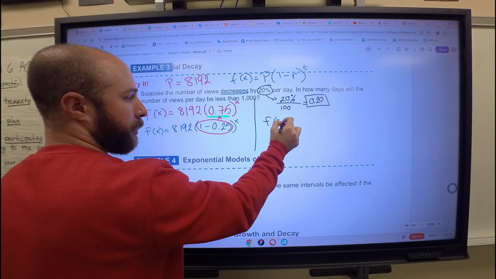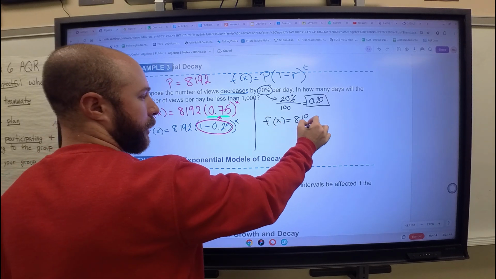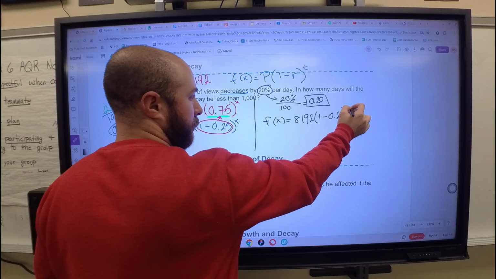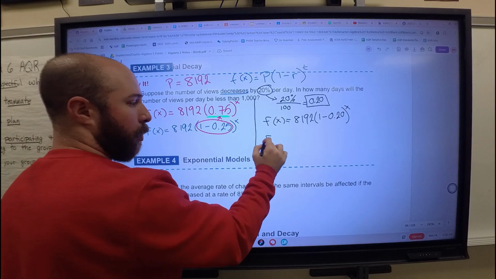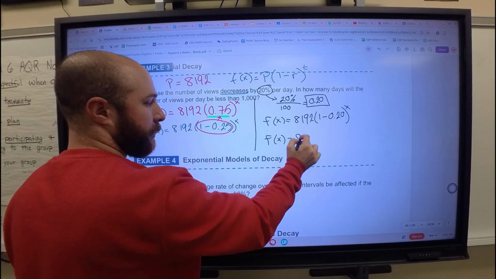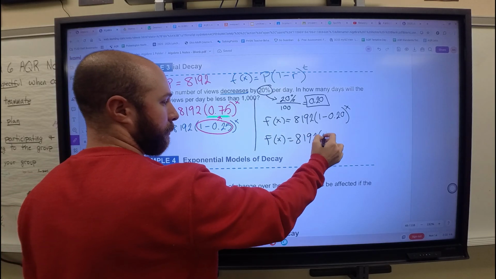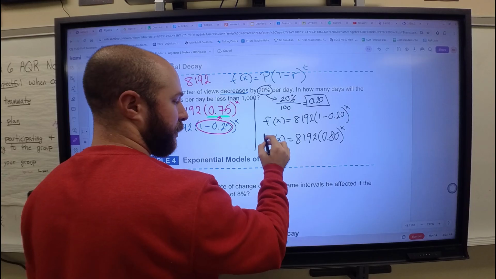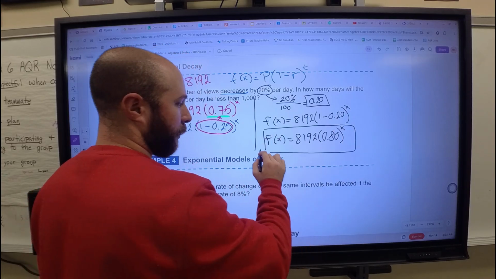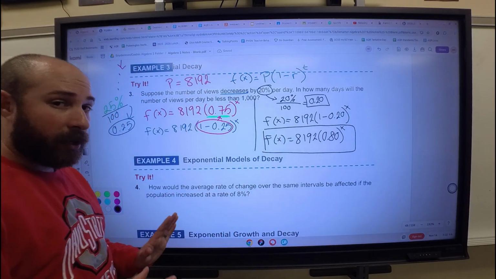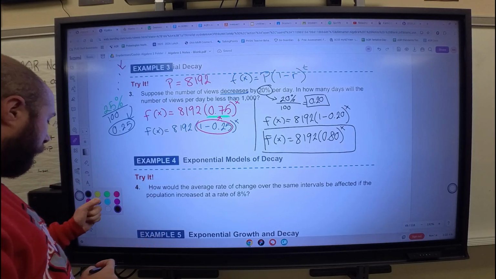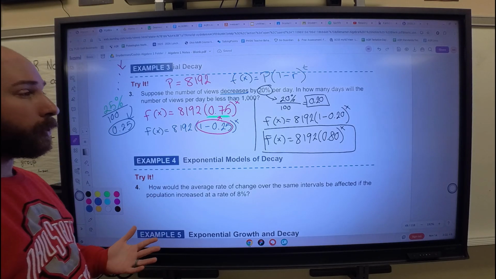So our function is going to say 8192 times 1 minus 0.20 to the x, or f of x is 8192 times 0.80 to the x. This is the function we are going to evaluate, right? That's not our final answer, right?